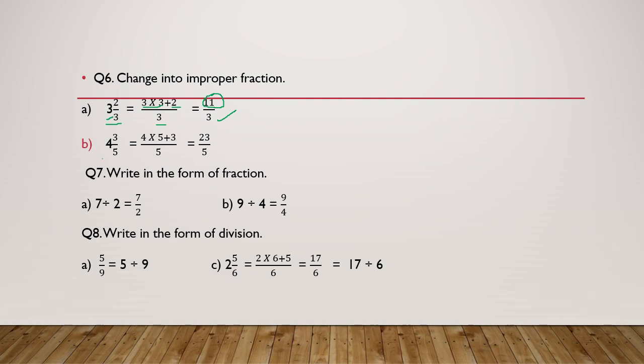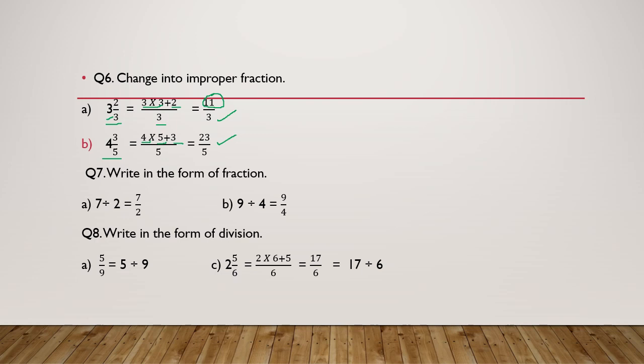See the next part, 4 whole 3 upon 5. Again, we multiply the integral part 4 by the denominator 5 and we add our numerator. So after multiplying 4 and 5 we get 20. 4 5s are 20 plus 3 we get 23 upon 5.